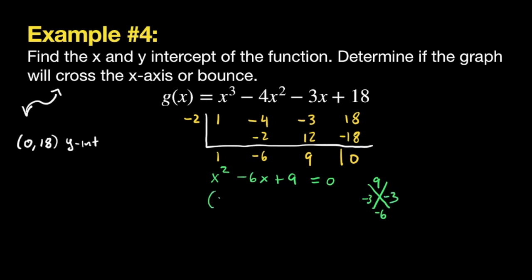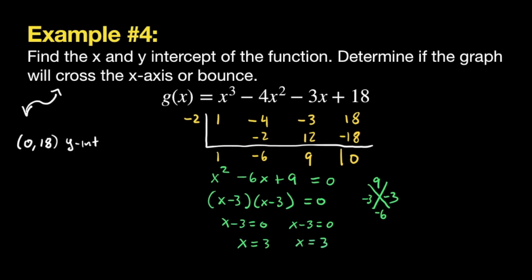So we have x minus 3, x minus 3, and that's equal to 0. So we know that we're going to get x minus 3 is equal to 0, so we have x is equal to 3, x is equal to 3.